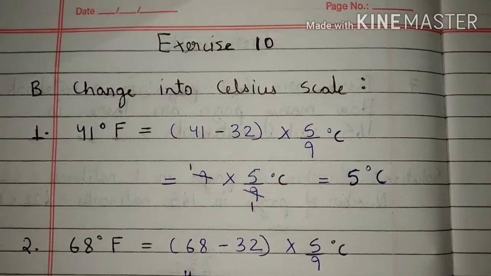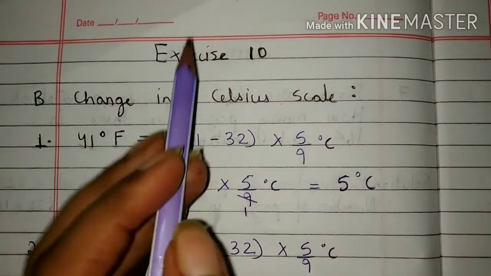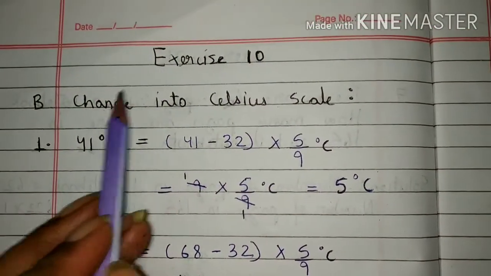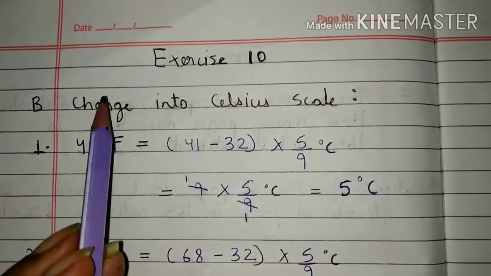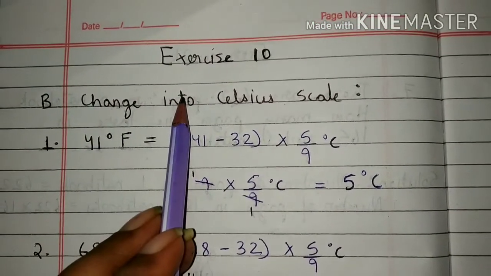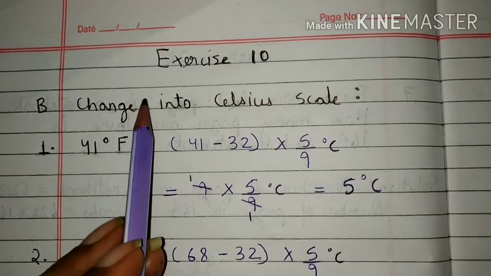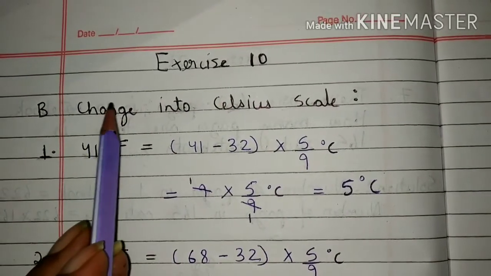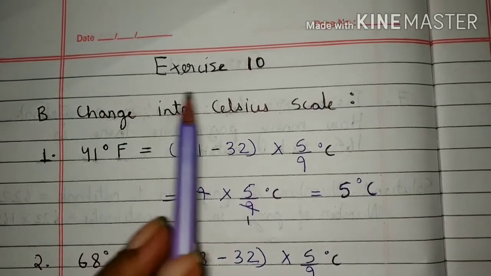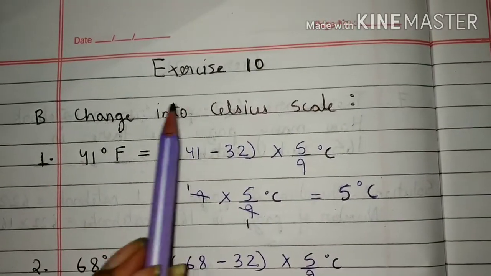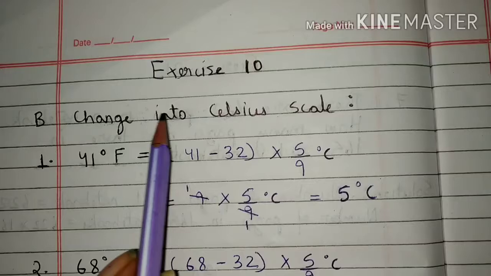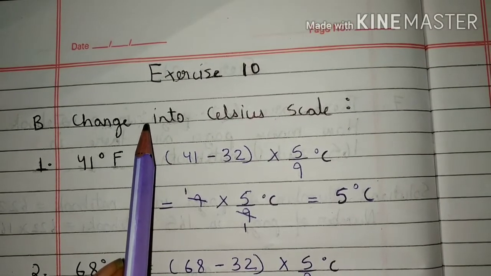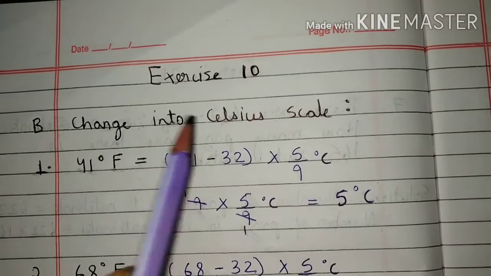Students, now we will solve question B of exercise 10. Change into Celsius scale. Students, in this question we have to change Fahrenheit scale into Celsius scale. When we have to change Fahrenheit scale into Celsius scale, we must first subtract 32 and then multiply by 5 by 9.